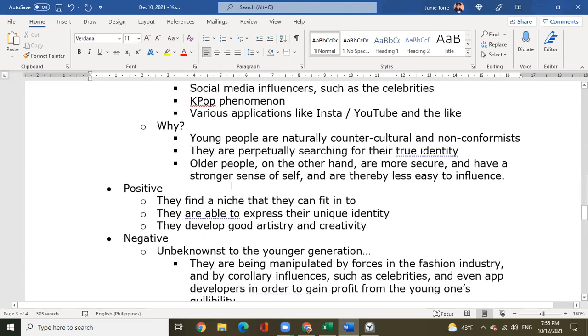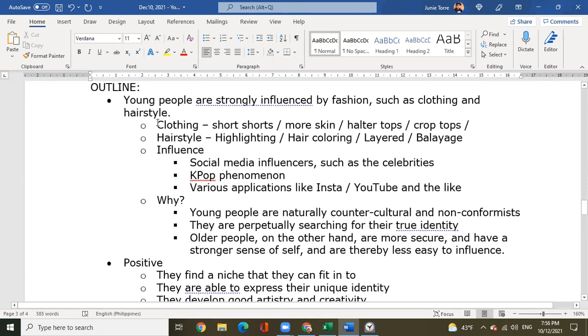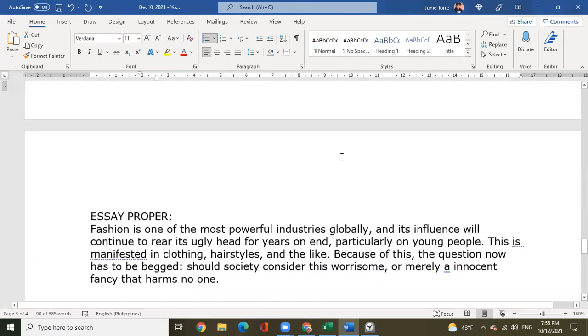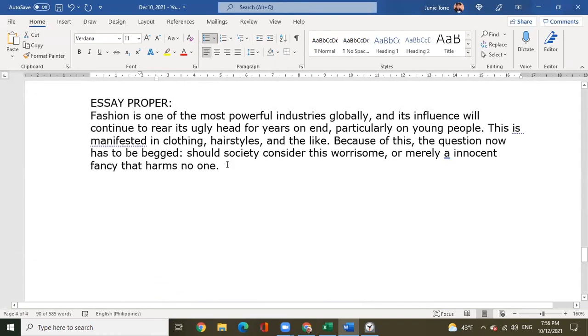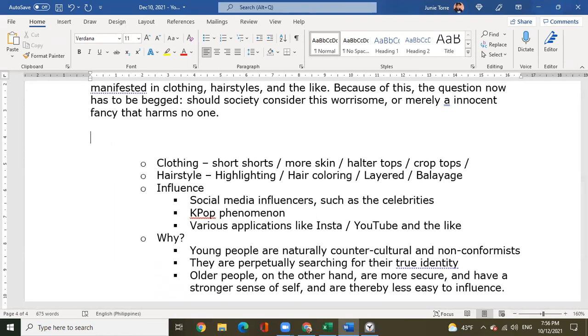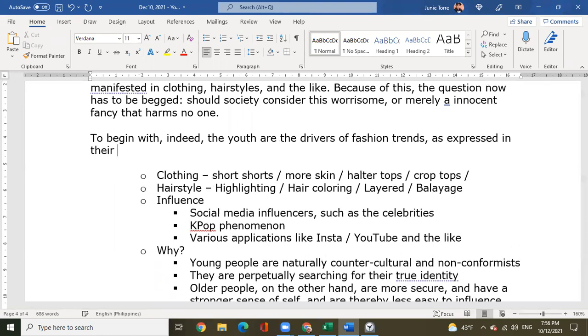Then we will now go into this. I'll just copy paste this, guys, so that I don't have to keep scrolling there. To begin with, indeed, the youth are the drivers of fashion trends as expressed in their looks and attires.